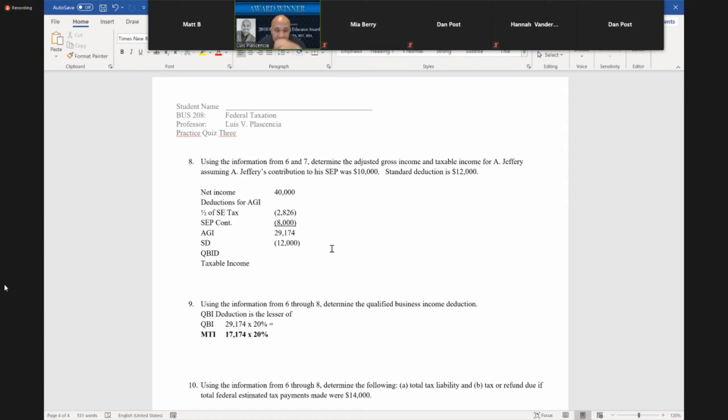But in this case, modified taxable income is less. Once 17,174 is 20%, what does that equal to the nearest dollar? Somebody. 3,435. Very good. So that's my qualified business income deduction. 3,435, right? So what is the taxable income?